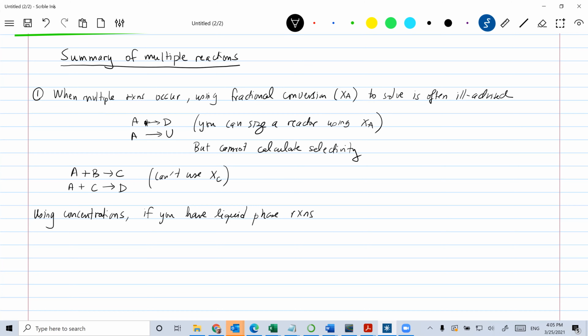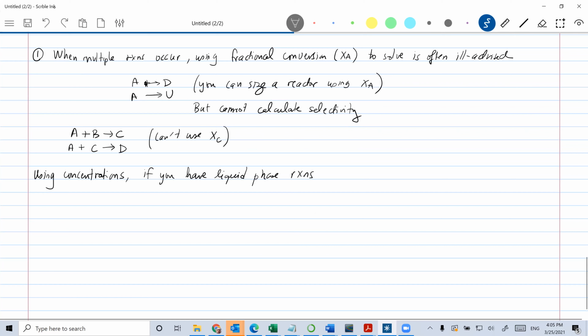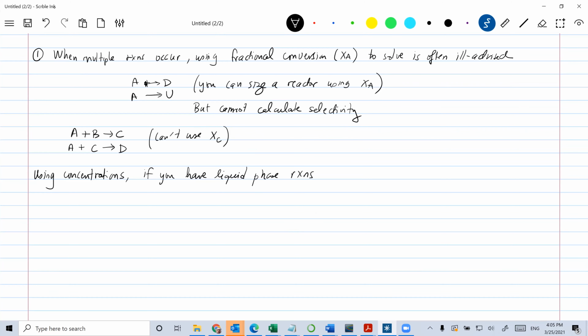It's pretty straightforward. You can use concentrations. You can use a form of the design equation that is only concentration. That's one of the reasons why, with the semi-batch, we use concentration because it's a liquid phase. We can simplify the mole balance.